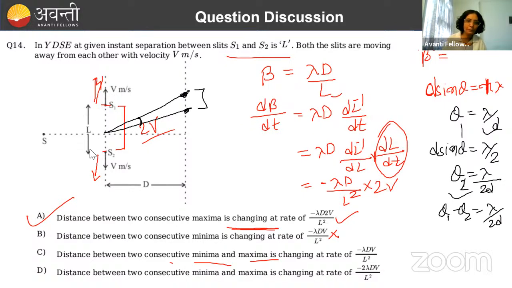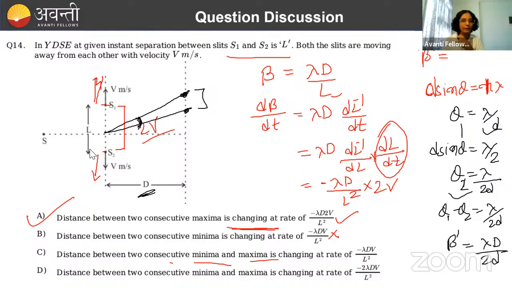So what will be the separation between them? I have told you that if the approximations are true, this separation can be easily calculated from this angle. You have to simply multiply this angle with capital D. So what will be the distance between a consecutive maxima and minima? That will be equal to lambda D by 2d.